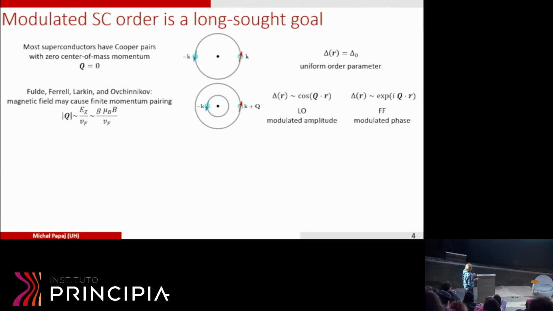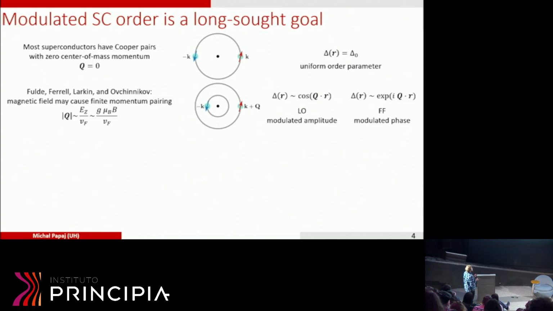But already from the pioneering work of Fulde, Ferrell, Larkin, and Ovchinnikov, we know that there are circumstances under which we can actually have finite momentum pairing. In this particular case, this was caused by the introduction of an external magnetic field, which through Zeeman splitting led to splitting between the spin up and spin down Fermi surfaces.